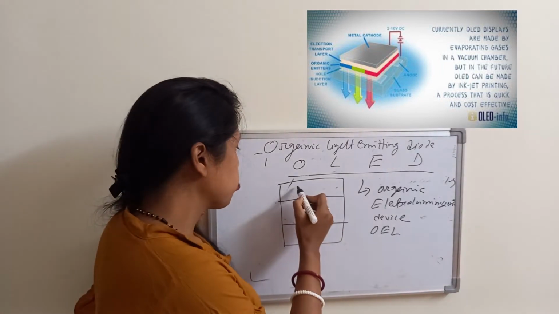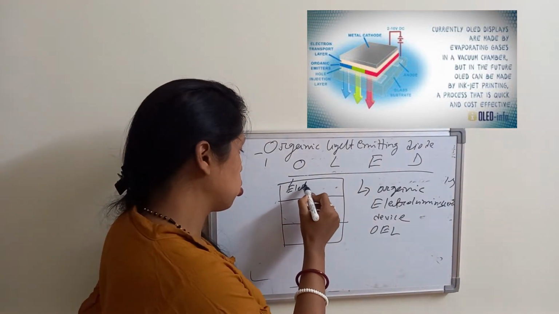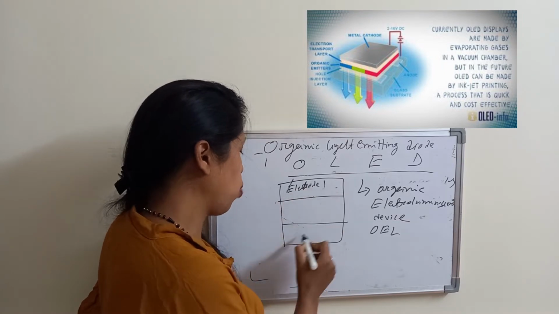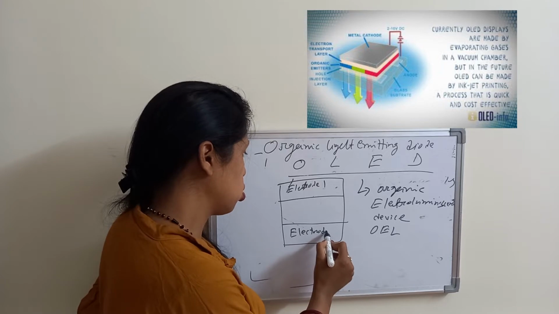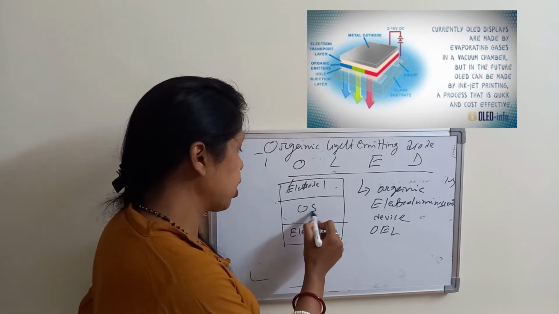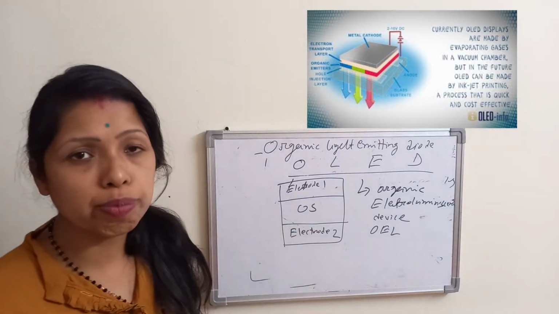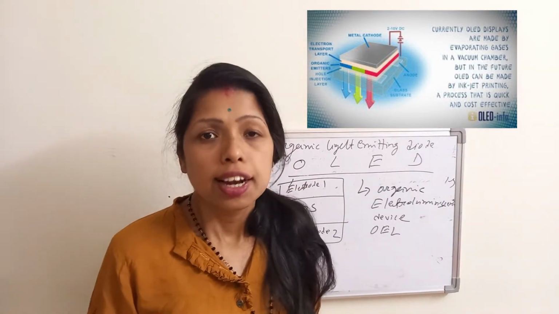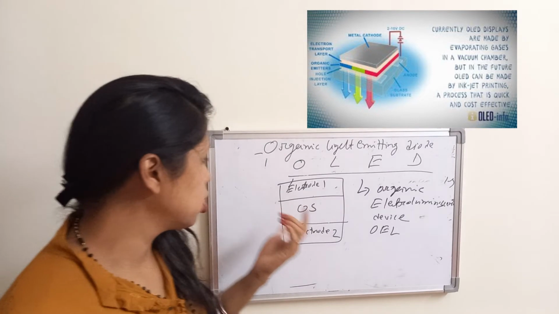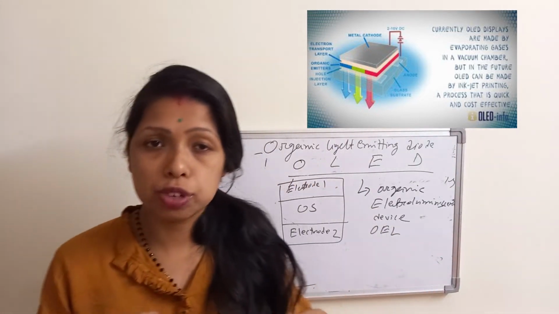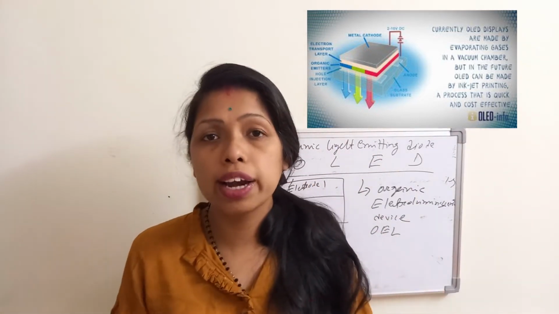Suppose this is electrode 1 and this is electrode 2. For the organic layer, you can use multiple organic semiconductor layers, but suppose I consider only one organic semiconductor layer, which is sandwiched between electrode 1 and electrode 2.